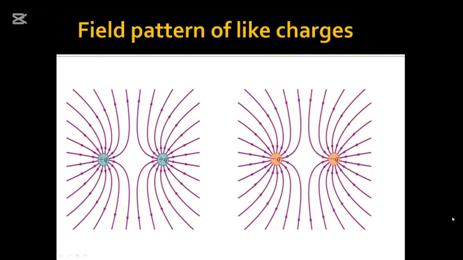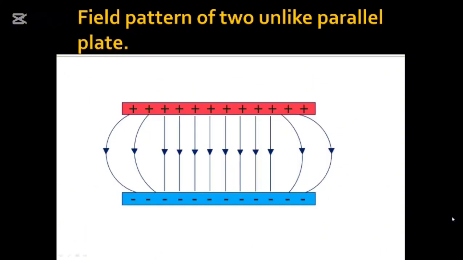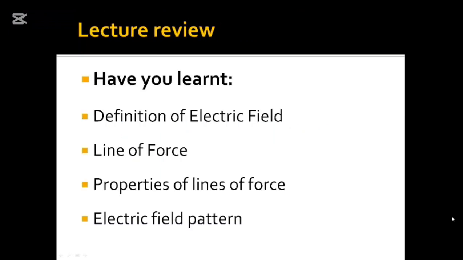So, what do we have here? Repulsion. For unlike charges, like this one we have here, positive and negative, the positive is producing and the negative is receiving. So what do we have here? Attraction. Then for bars, this positive, this negative, the two of them will also attract. So we are through with our lecture review.